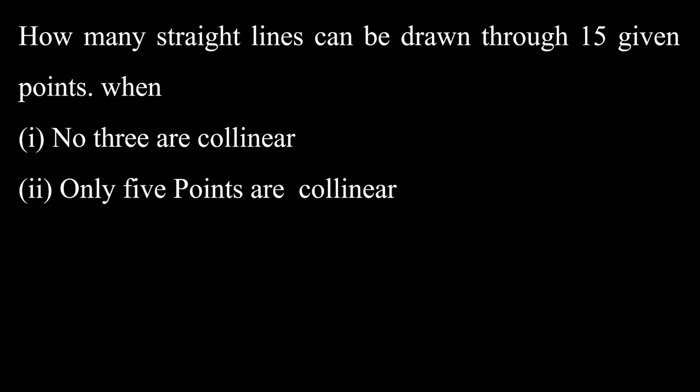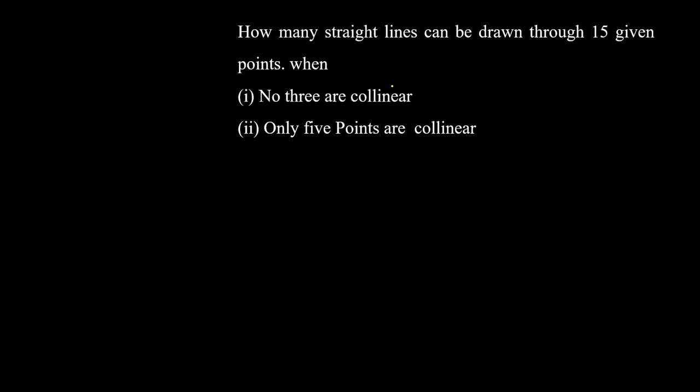Or we calculate the slope between points; when slopes are equal, the points are collinear. When the slope is equal, a triangle cannot be formed, so the area of the triangle is 0 only. That's what collinear means.